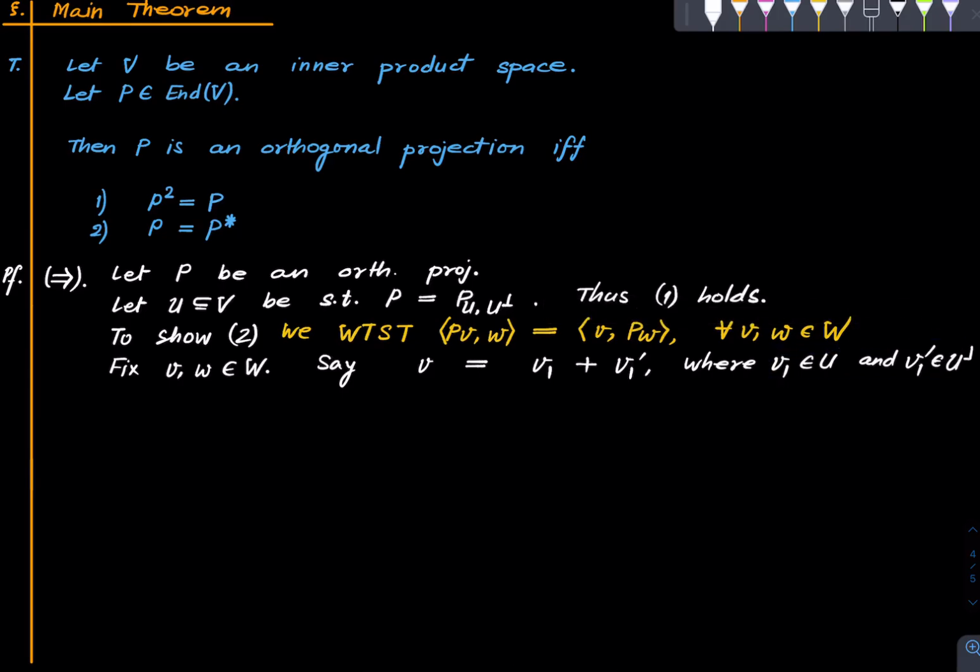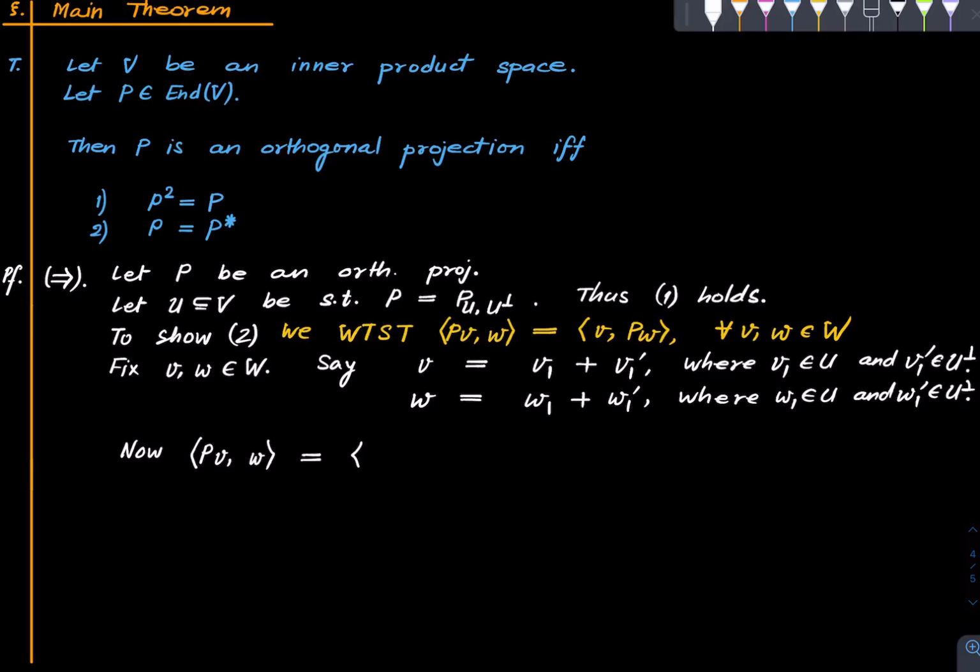Similarly for w. Right. So we have that, and now this inner product is what? This is equal to v1 dot w. Why is that? Because what is P of v? P of v just kills this part. That's the definition of P. Hence, it retains v1.